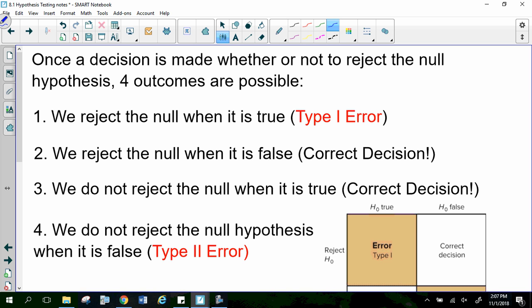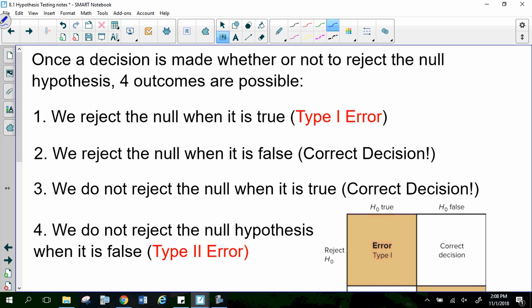In the earlier case about the pulse rate, will a new medication affect the pulse rate of the patients? The mean pulse rate was 82. If we made a type 1 error, it might not actually change the pulse rate, but in our sample it did due to chance. So we rejected the null, but it was true.